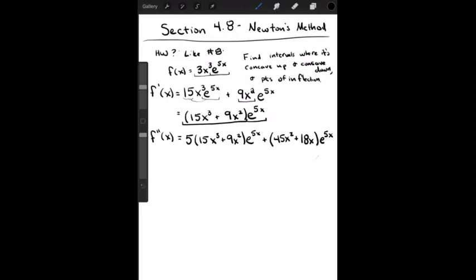We find potential points of inflection by setting the second derivative equal to 0.